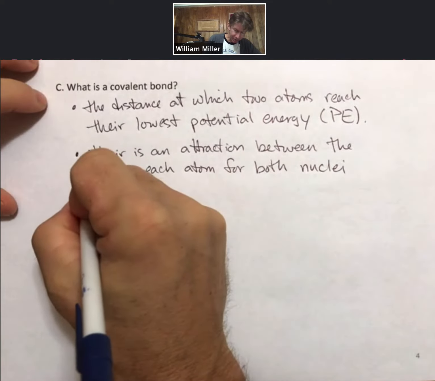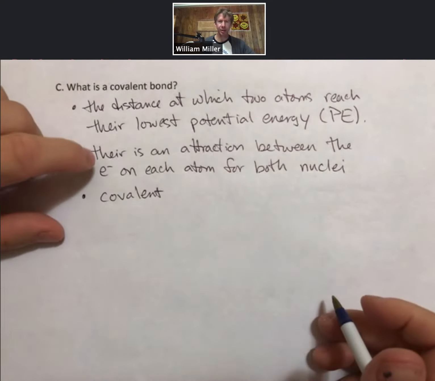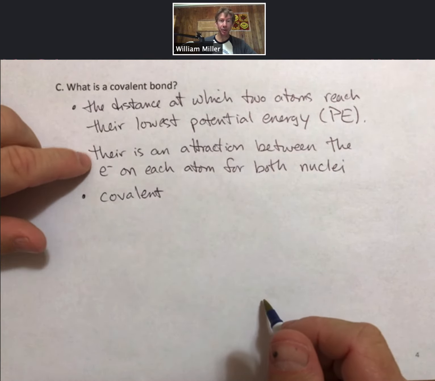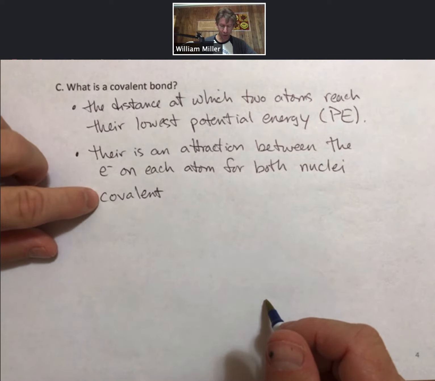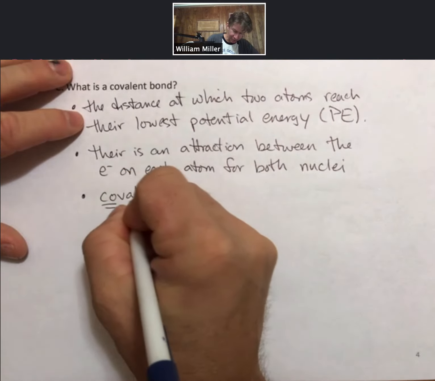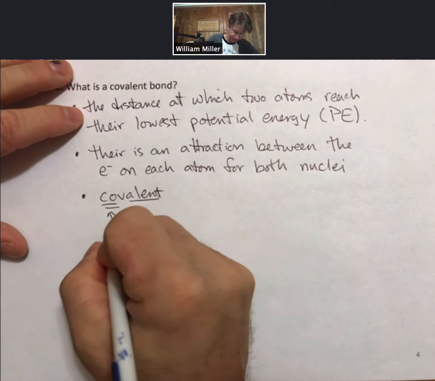And the term covalent is going to refer to this attraction. The electrons, both of the electrons in each bond, are shared valence electrons. So the term covalent is going to be shared valence electrons.